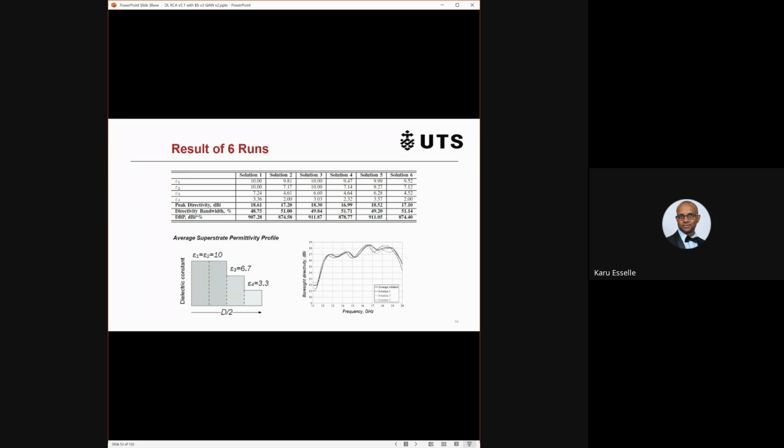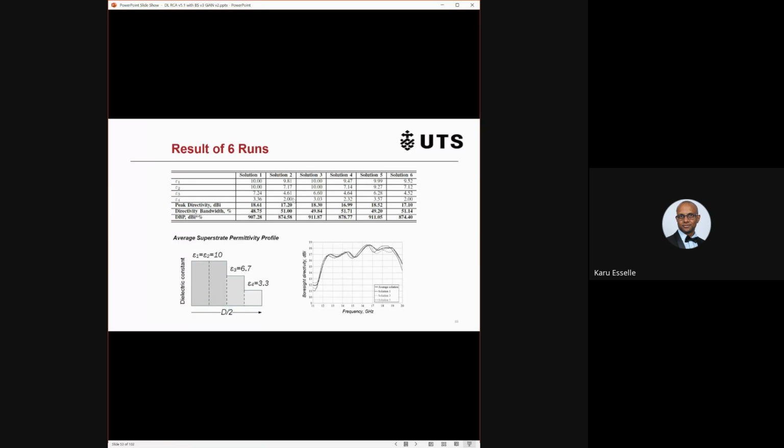That's very interesting. Remember, by theory, from physics, that is how I ask my students to design TPG superstrates: put the highest dielectric constants in the center and decrease towards the edges.